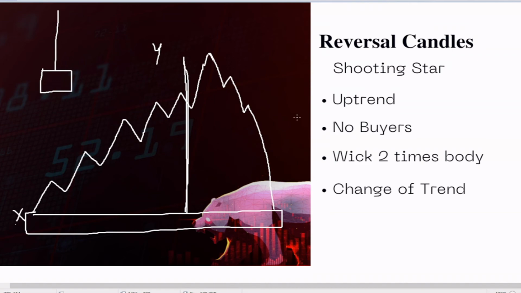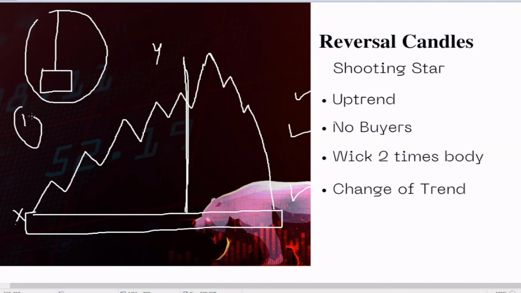This is the story behind a shooting star. Now what does it indicate? It indicates the upward trend is likely to end, right? There are no buyers in the market, right? And most importantly, there is a change of trend in the current market. Now we also have to ensure that it happens only in 2 cases, right? Now first of all, this shooting star occurs when the price is in an upward direction. All right, so the first rule is the price has to be in an upward direction.